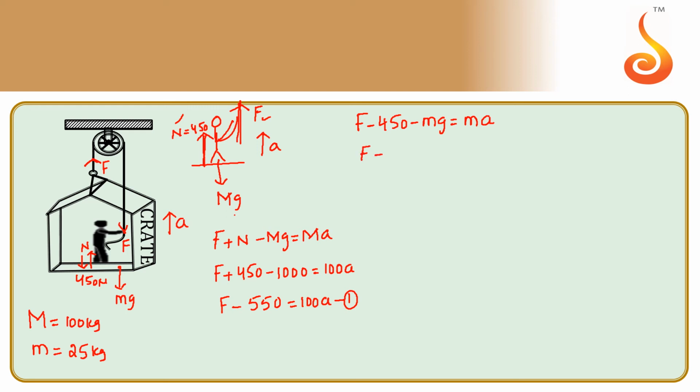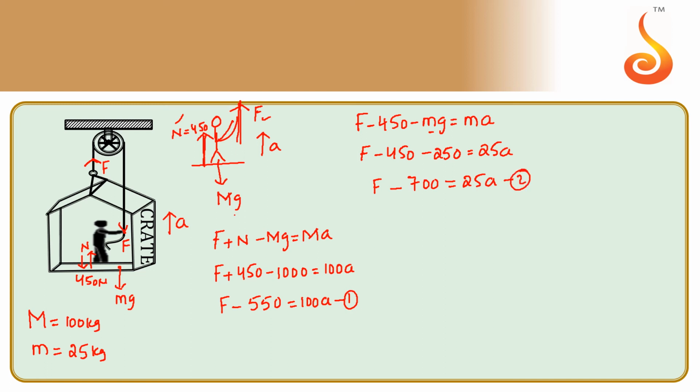So F minus 450 minus 250, because the mass of the crate is 25 into 10, which is 250, is equal to 25A. Therefore F minus 450 plus 250, which is 700, is equal to 25A.